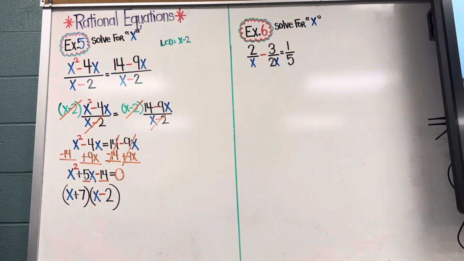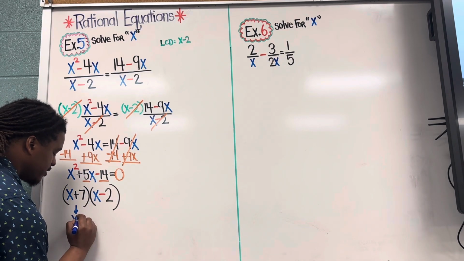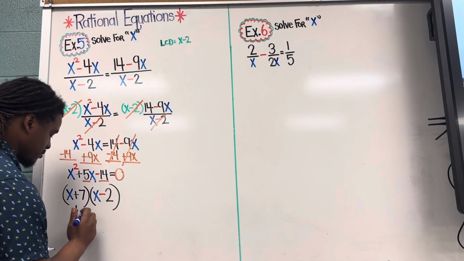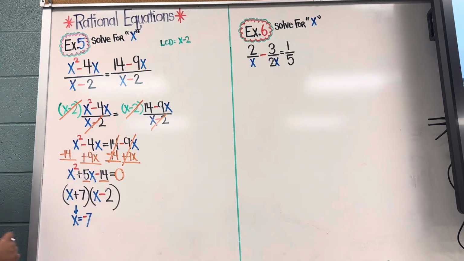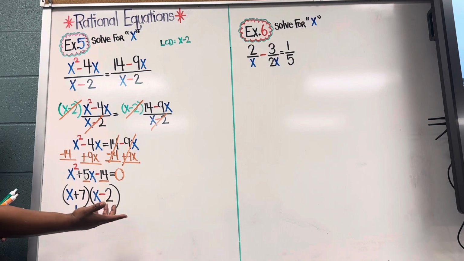Okay? Because once again, 7 plus negative 2 equals 5, and 7 times negative 2 equals negative 14, right? So in order for me to get the zeros, guys, I have to realize x has to be negative 7 to make this be 0, because negative 7 plus 7 equals 0. So this is telling me that x equals negative 7. And over here, guys, to make this equal 0, x has to be positive 2, because 2 minus 2 equals 0.